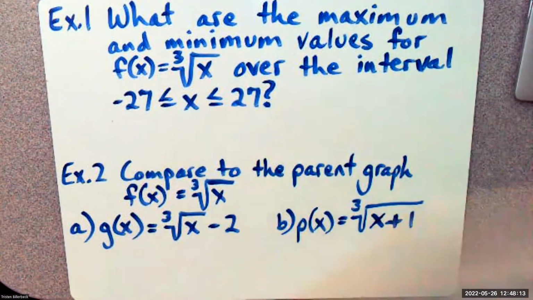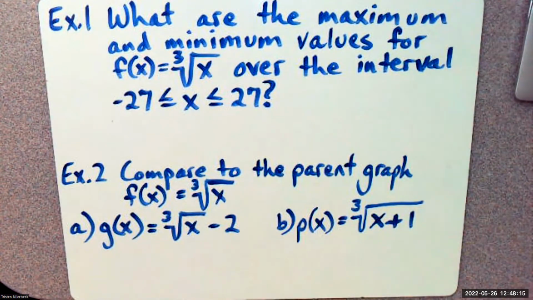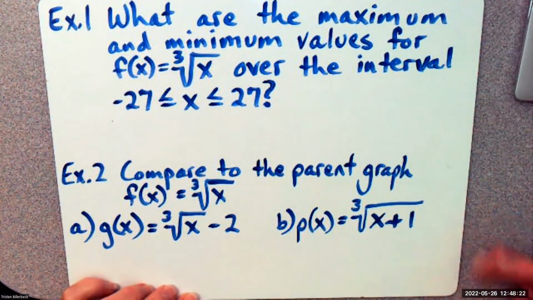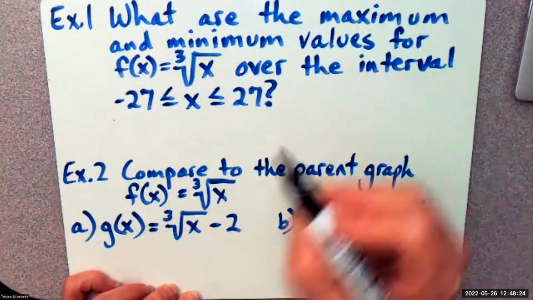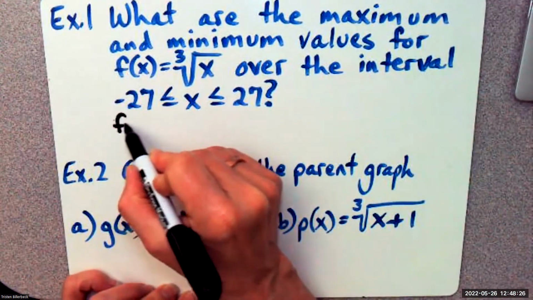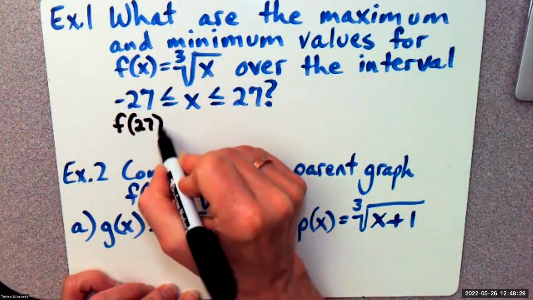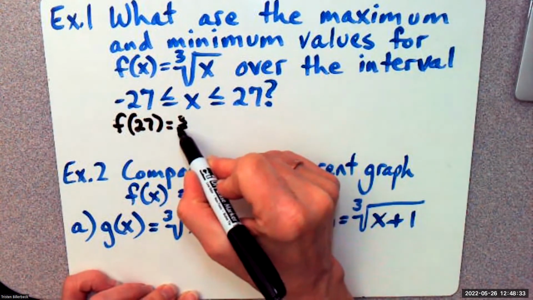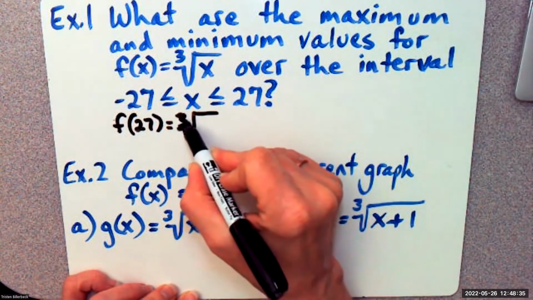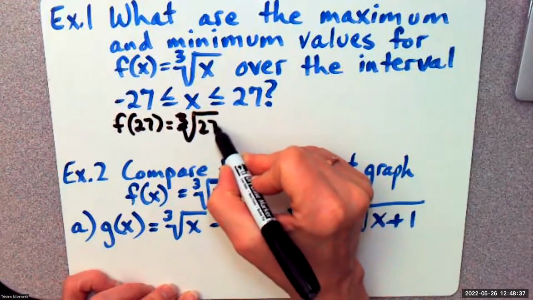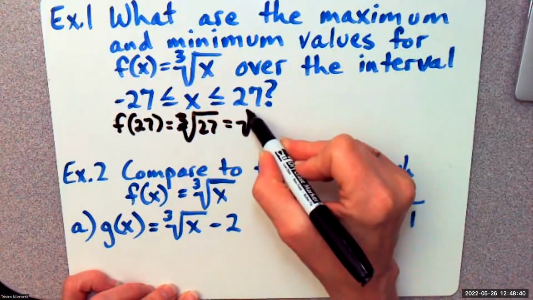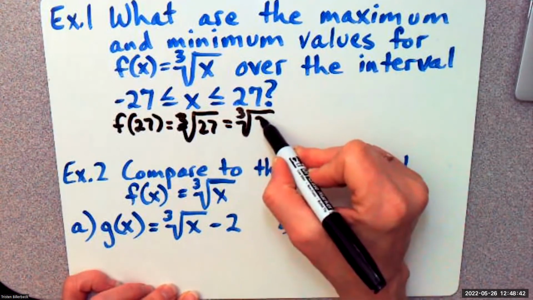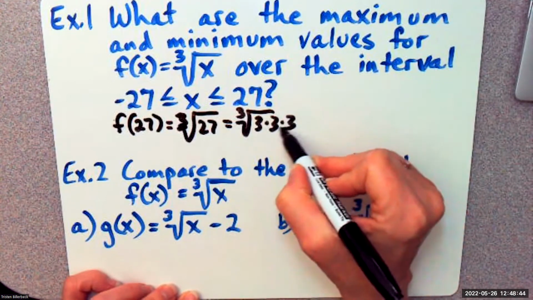So what are the maximum and minimum values of the cube root of x over the interval of -27 to +27? So if we did f of 27 and we have the cube root of 27, well, that's the cube root of 3 times 3 times 3.